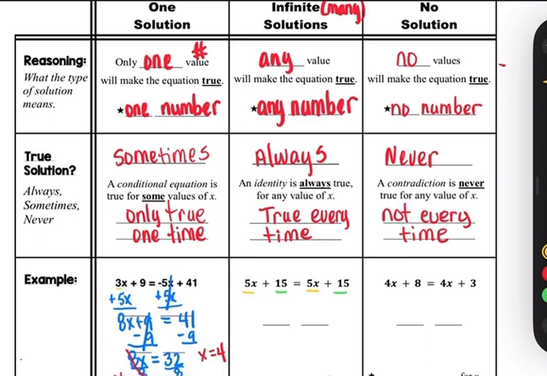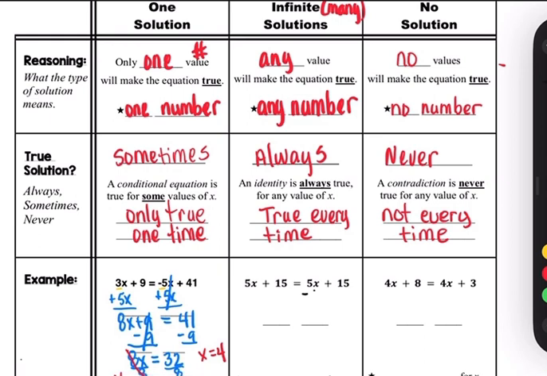If we subtract 5x from both sides, what do you think will happen to the equation? I want you to think about that as we solve this problem, okay? Because when we're identifying infinite solutions or no solutions, you will see some similarities, which in this case is that the variables on both sides will be the same.